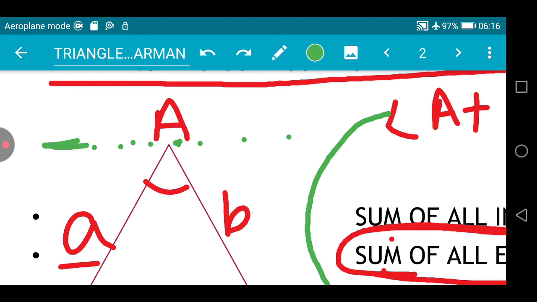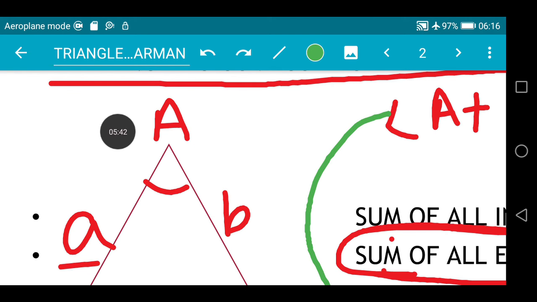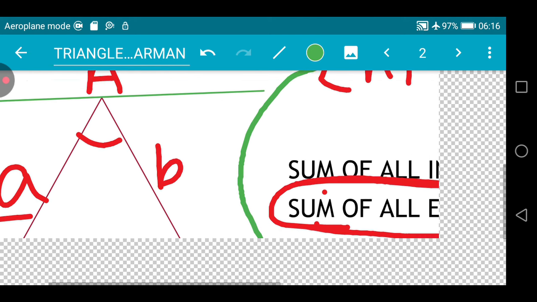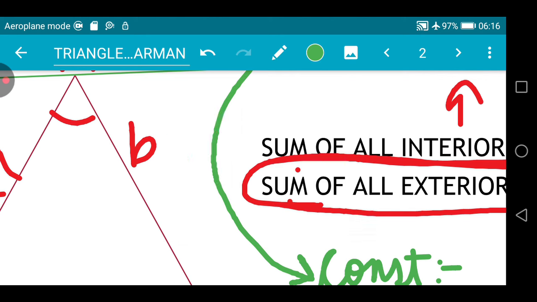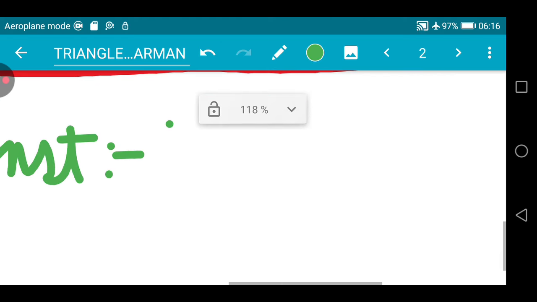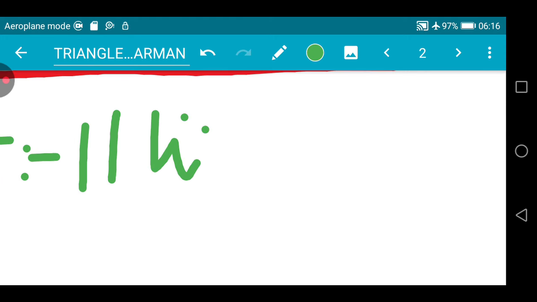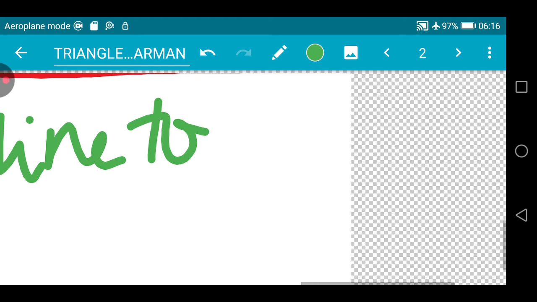Wait a second. This I have made. What? I have made a parallel line to AB. Construction I have done, in which a line is parallel to AB.